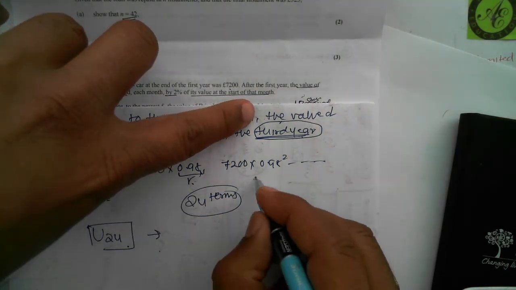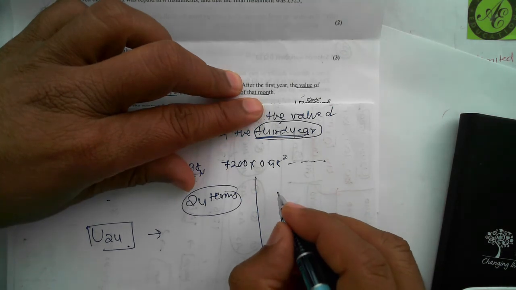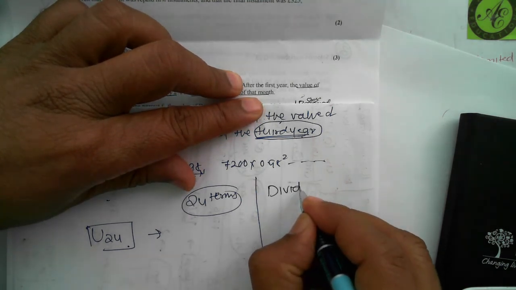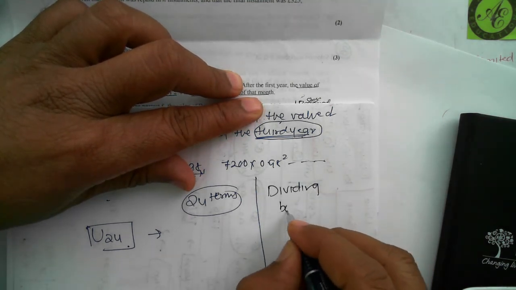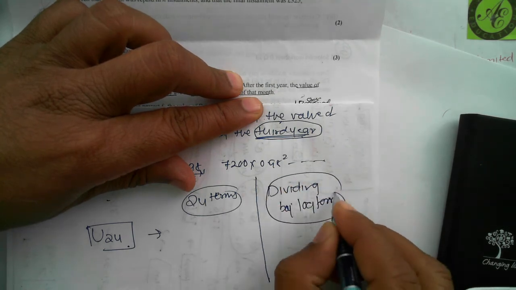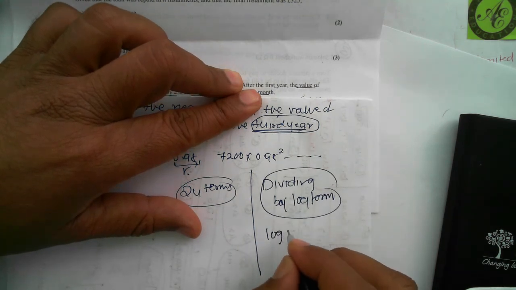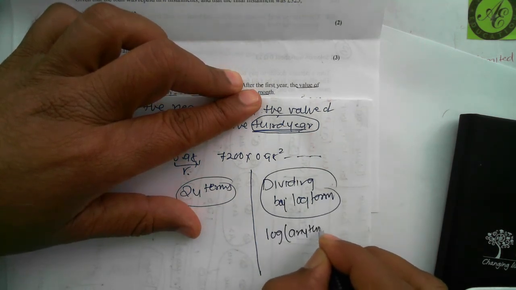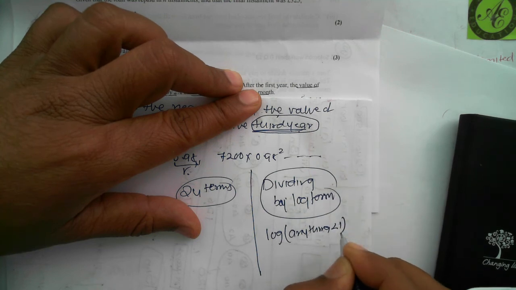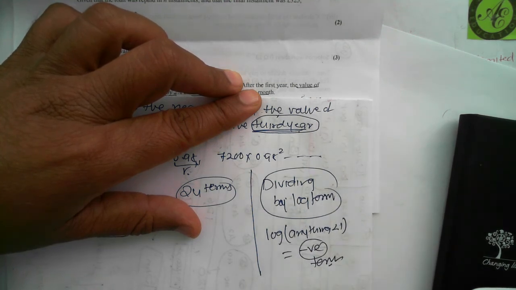One more thing I want to tell you: in geometric series, some calculations you're involved in dividing by log terms. In inequalities questions especially, really important, people, that log of anything less than 1 is a negative term. So be very, very careful.